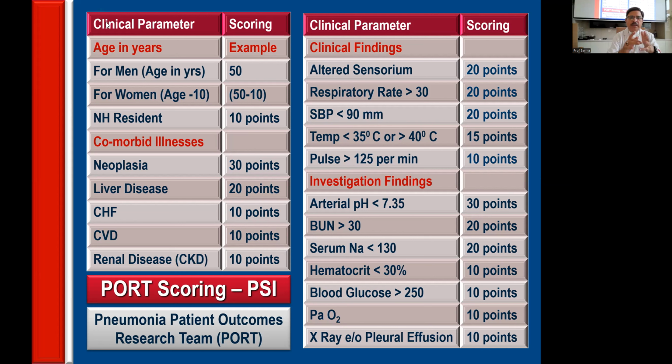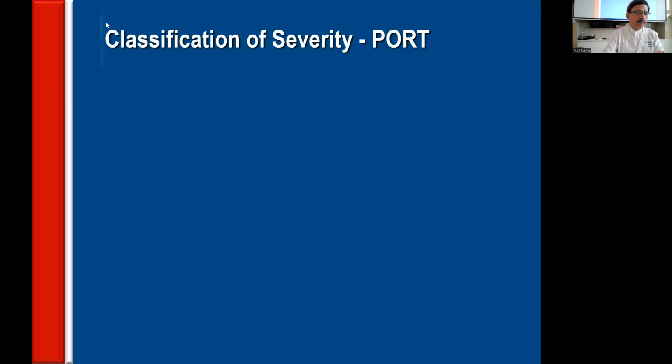Investigations: acidemia, BUN, low sodium, low hematocrit, high sugar, low PaO2, and X-ray evidence of pleural effusion. After all the things, you will get a score. Some number will come.